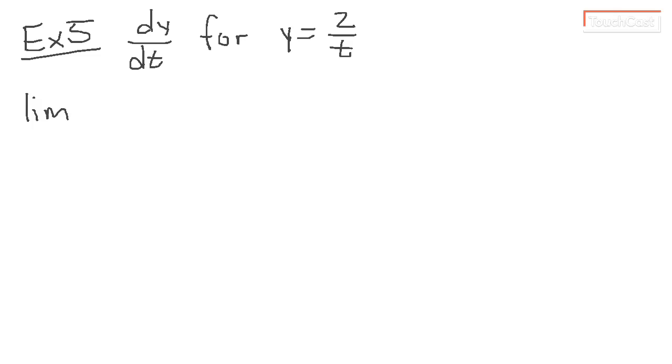The limit of, we're going to have 2 over t plus h minus 2 over t. In fact, I'm going to get rid of those parentheses because I really don't need them. Then we're going to put all of that over h.